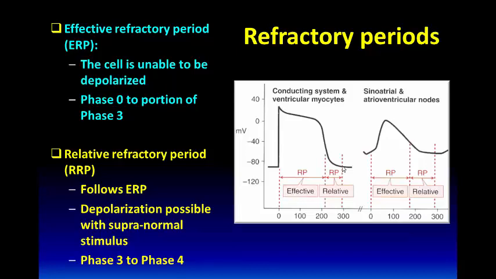Whereas in the atrioventricular nodal cells, we do have refractory periods because the AV node responds to the stimuli from the SA node. So similarly, we have effective refractory period and we have relative refractory period. So I would rather cancel the sinoatrial word here and just keep atrioventricular node.